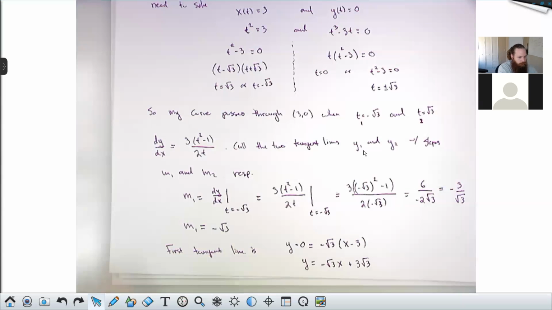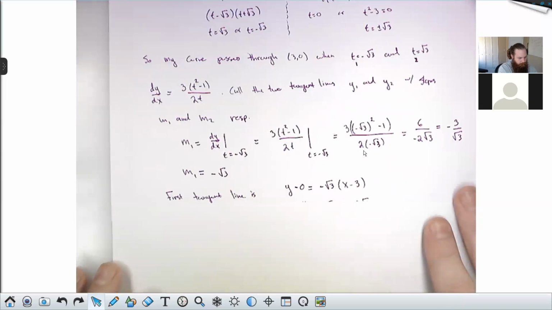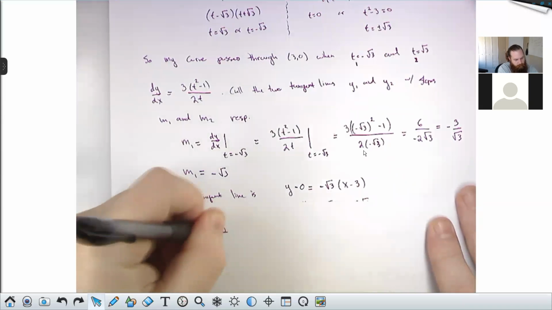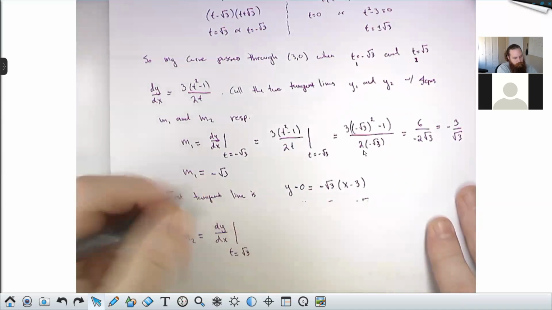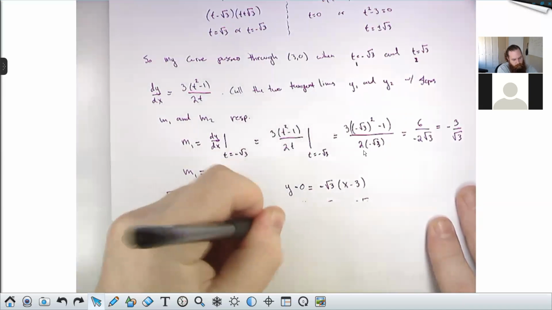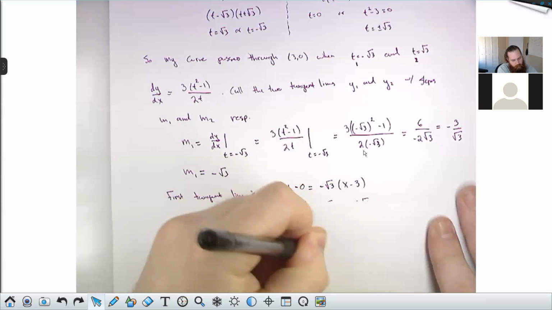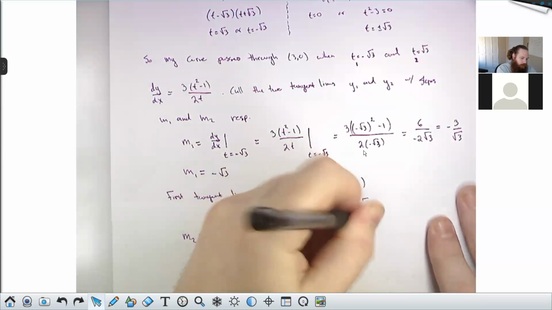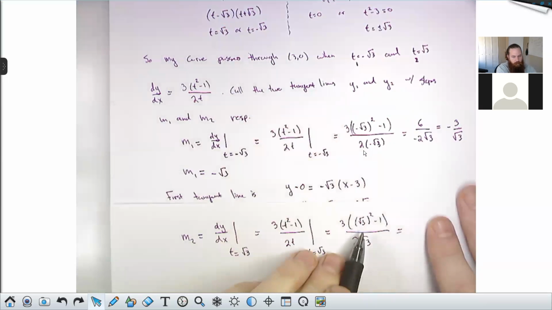The second tangent line comes from doing the same thing, just using the second t value. So m2, the slope of the second tangent line, will be dy/dx evaluated at t equals root 3, which is (3t squared minus 1) over 2t evaluated at t equals root 3, which is 3 times root 3 squared minus 1 over 2 times root 3.